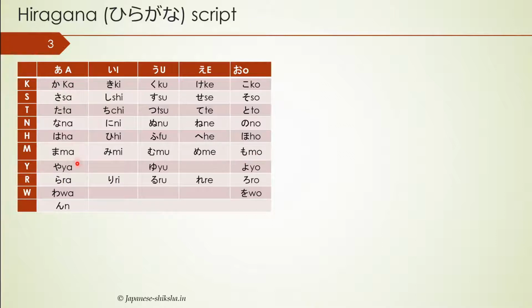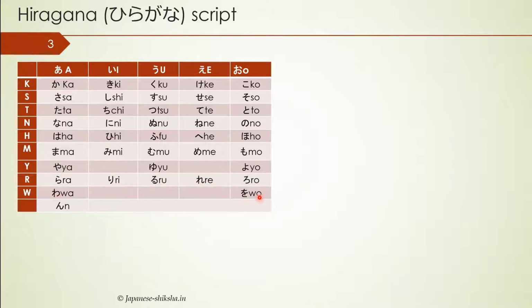Y and A, Ya. Then there is nothing like Y and I or E. Y and U becomes Yu. Then Yo. Ra, Ri, Ru, Re, Ro.